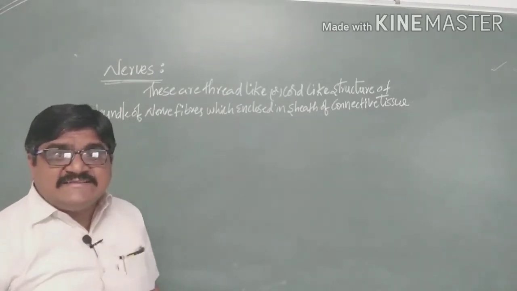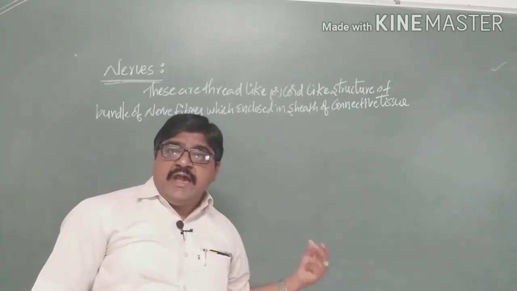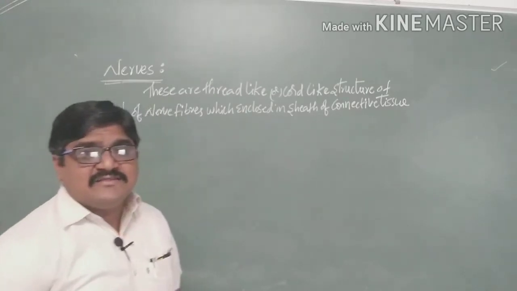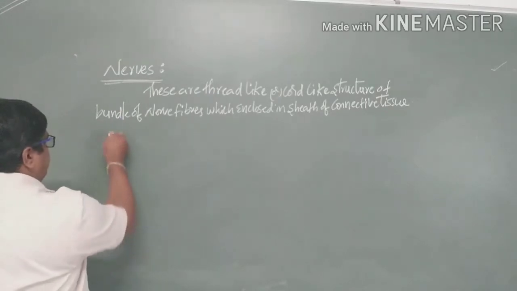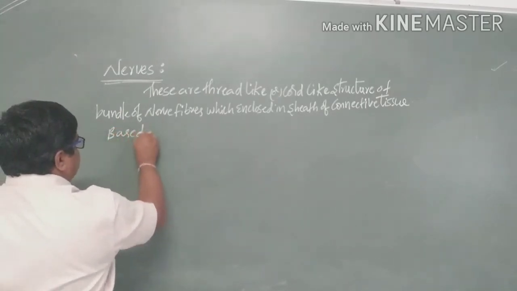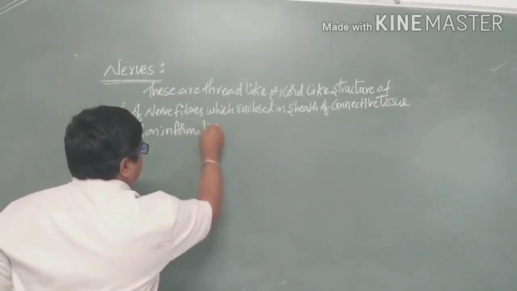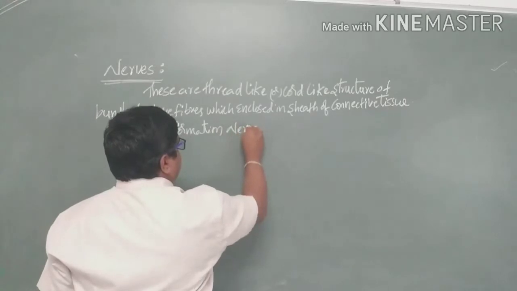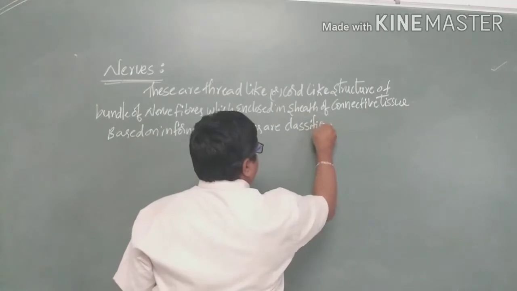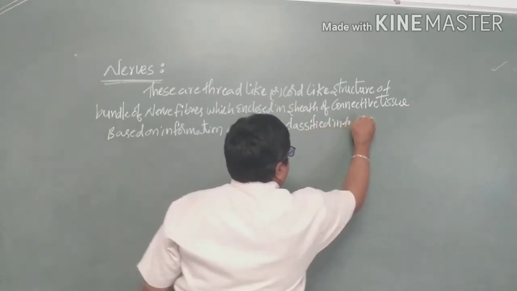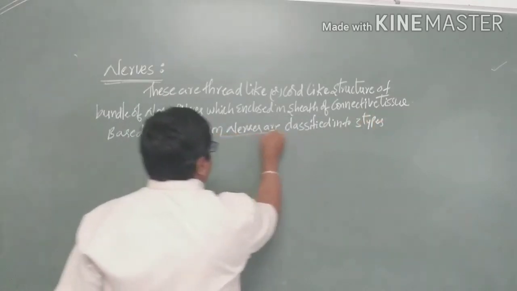These nerves are very important, as they help in transmitting information from body parts to the brain and from the brain to the body parts. Based on the information passing, nerves are classified into three types.